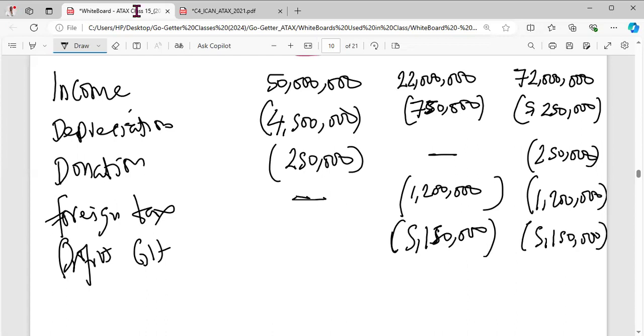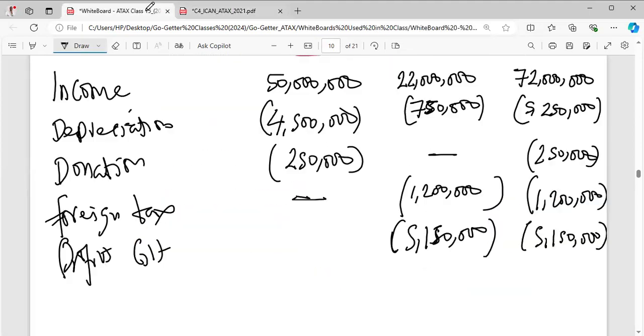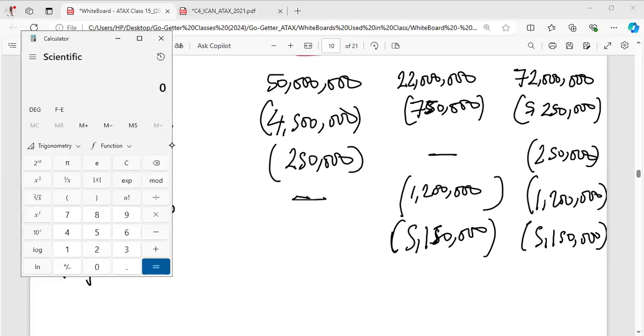Now I want you to note something here, that overhead is 40 million. So let's check whether they are all 40 million. 5,250,000 plus 250,000 plus 1,200,000 plus 5,150,000 is less than 40 million.